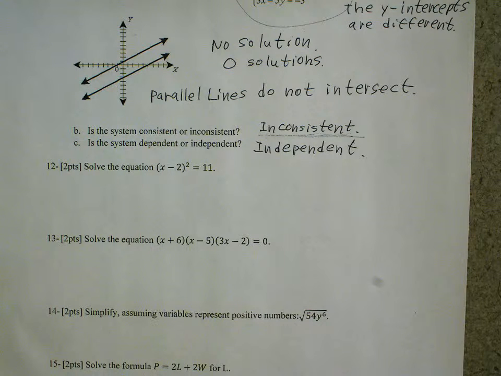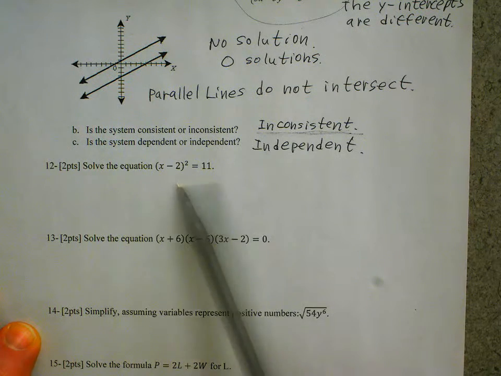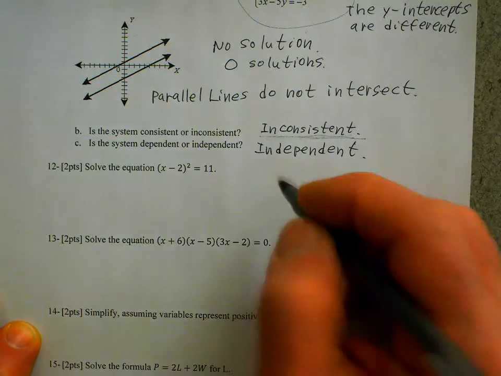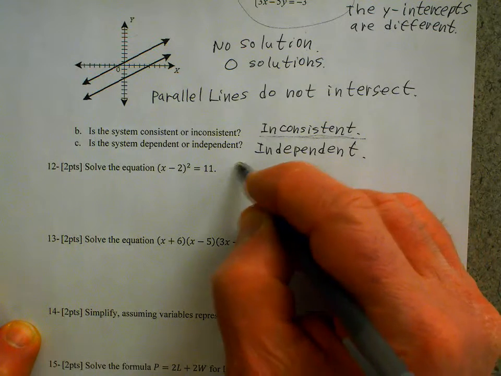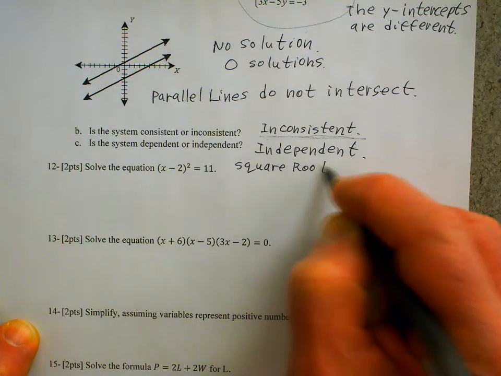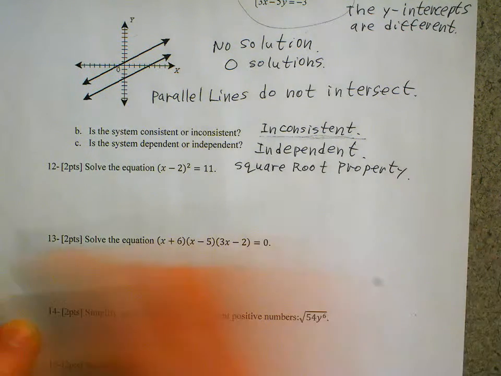Well, in my opinion, the easiest thing to do is to apply the square root property, because we have a binomial squared equals 11. So apply the square root property. That's the easiest thing to do, in my opinion.